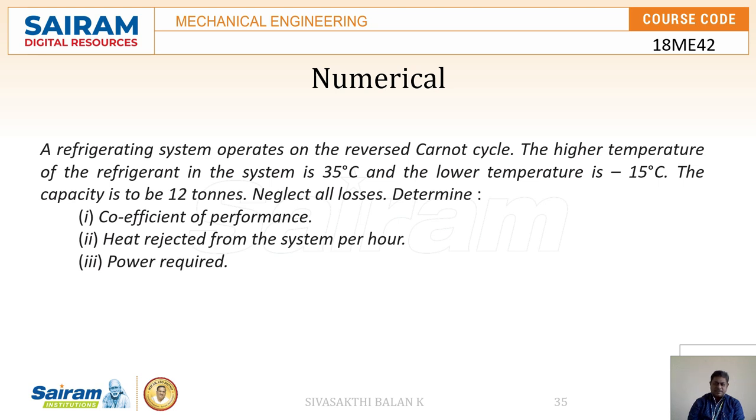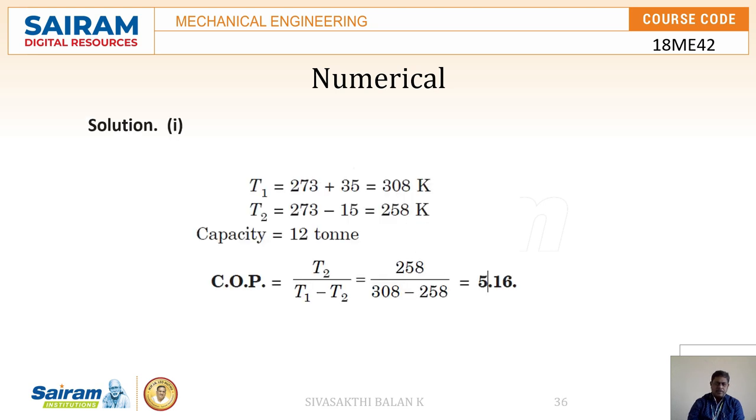We are considering that. Determine the COP, the heat rejected from the system per hour, and the power required to drive the system or the compressor. The given data are T1 and T2, 35 degrees centigrade and minus 15 degrees centigrade. Converting to Kelvin, we get T1 as 308 K and T2 as 258 K. The capacity of the system is 12 ton.